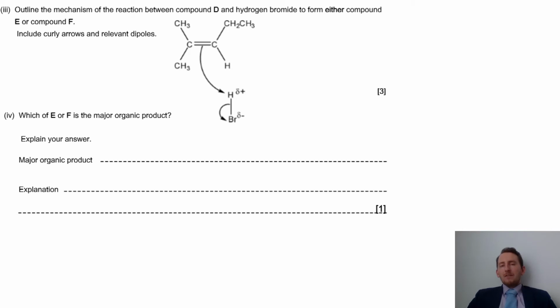People lose marks if it's not clear where your arrows start and finish. Because of that, within the HBr molecule, the electrons in the bond between the H and the Br go to the bromine. So that's why we've got that arrow in there, those partial charges with those arrows to begin with.